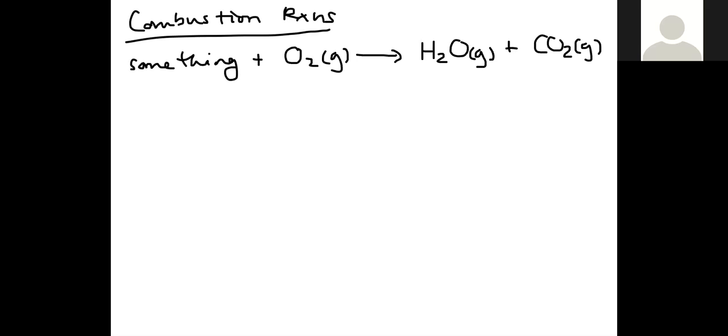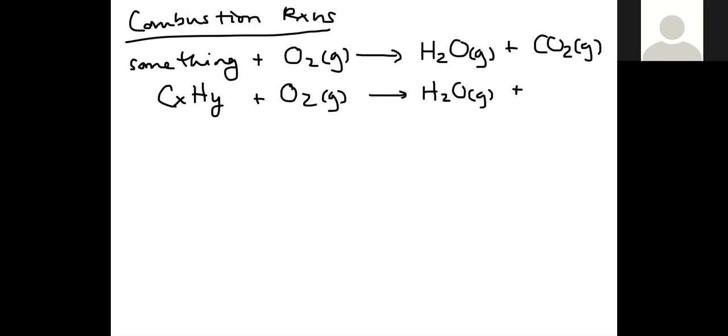Generally what you will see in my class is CxHy, a hydrocarbon burning. So CxHy plus O2 goes to H2O gas plus CO2 gas. X and Y can be any numbers. We had to balance those last week, and also I think on Wednesday.